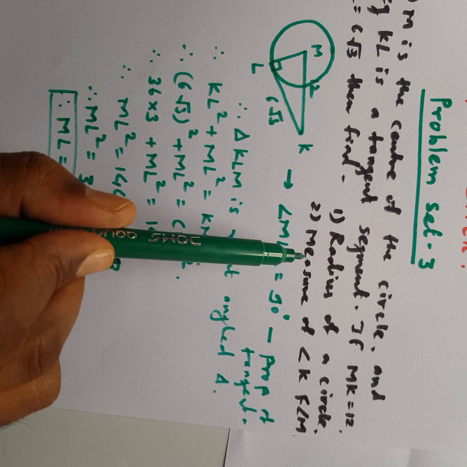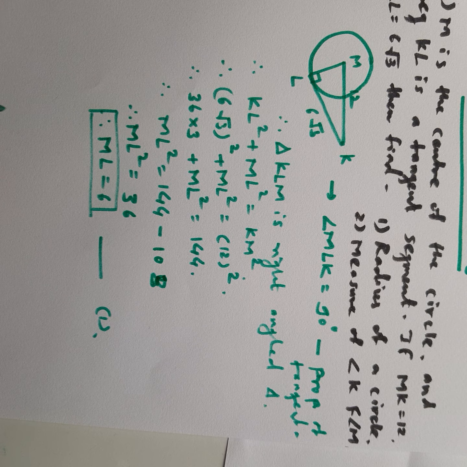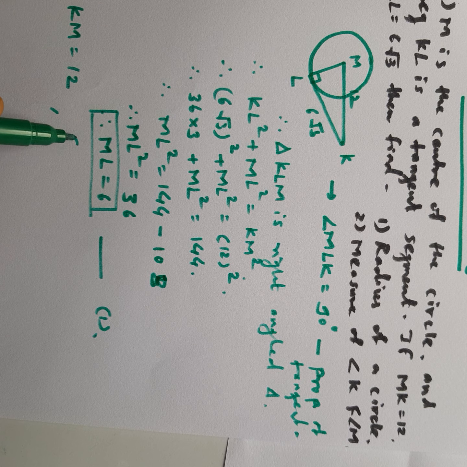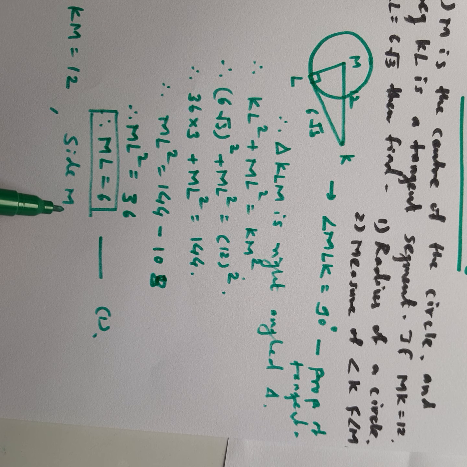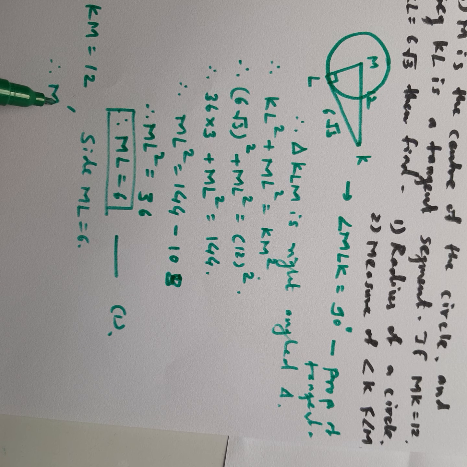Then second, we have to find the measure of angle K and angle M. Here side KM is equal to 12, side ML is equal to 6. Therefore ML is equal to 1/2 KM.